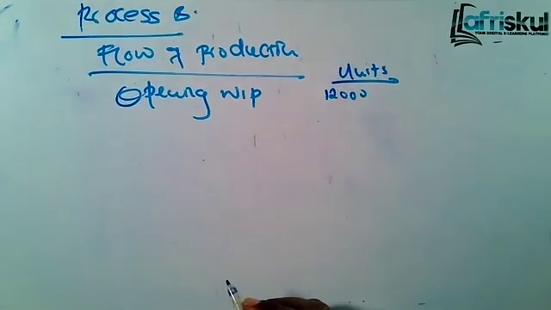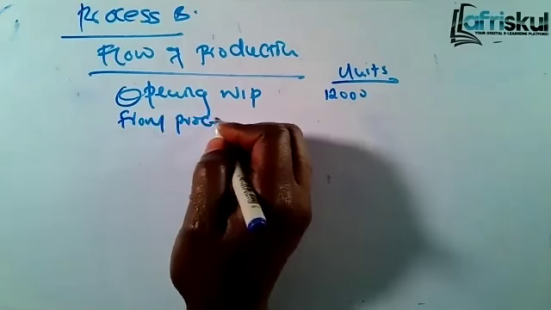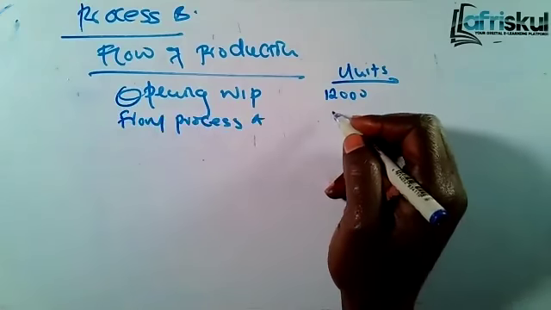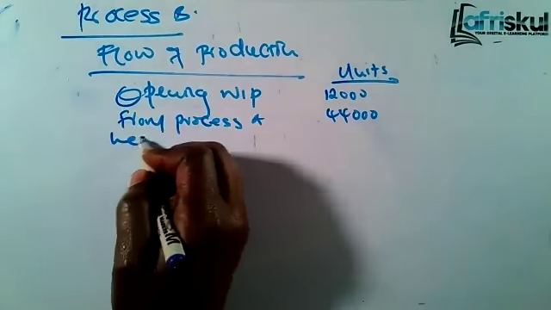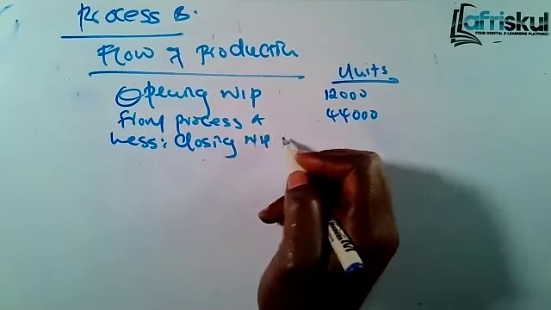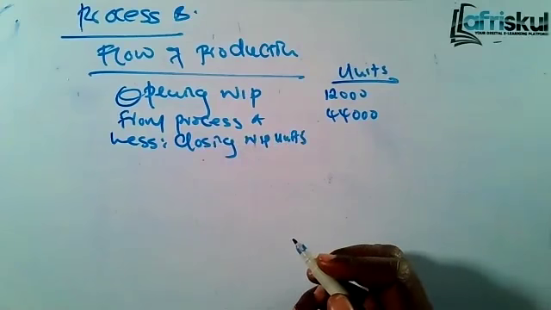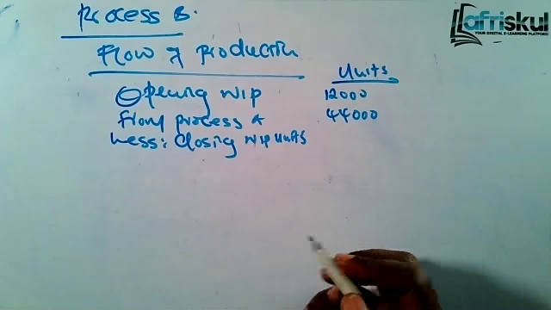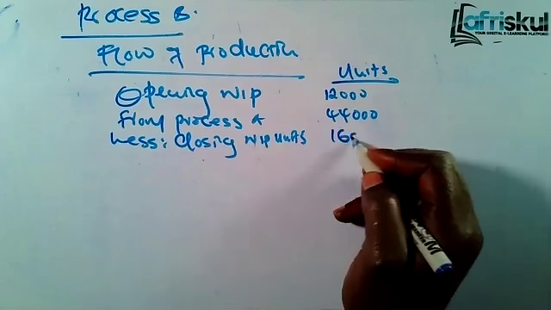Opening WIP units, and from process A they brought in 44,000 units. You less closing WIP units under process B, 16,000 units.